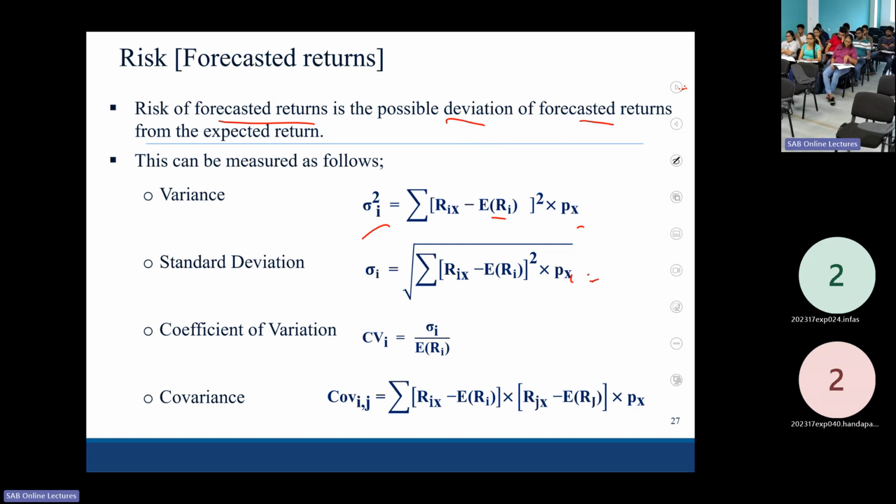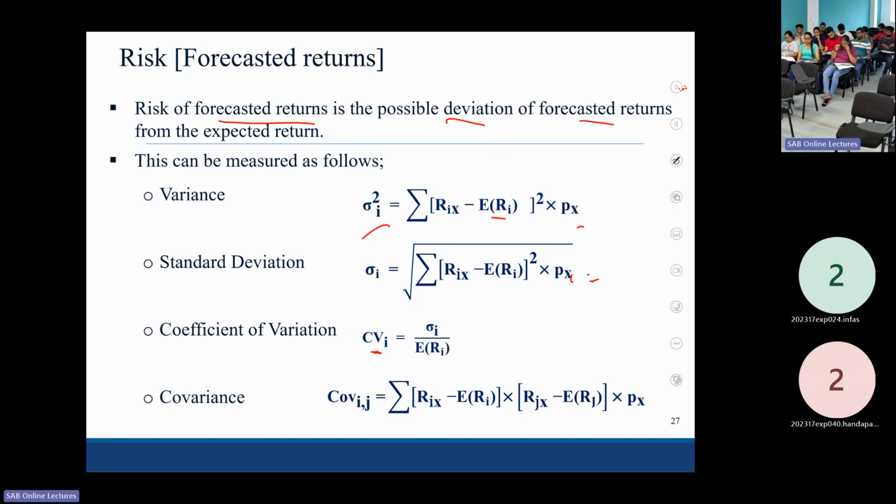To make it comparable, you have to calculate the coefficient of variation, which we discussed last week. It is standard deviation divided by expected return.